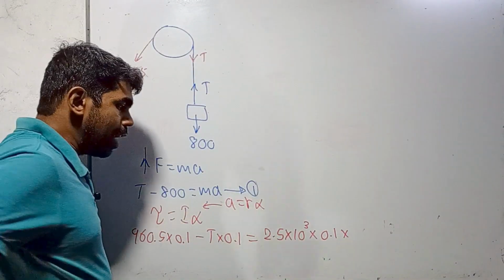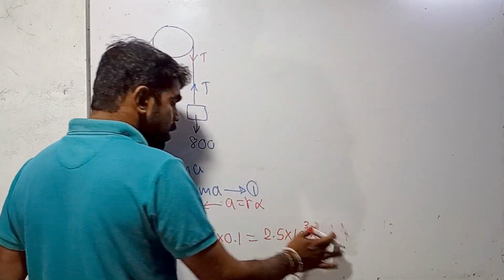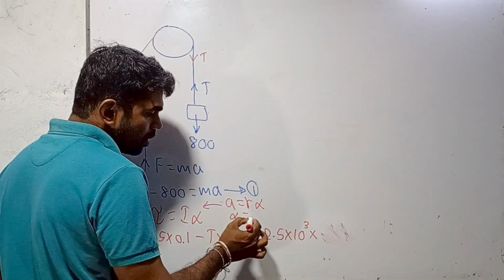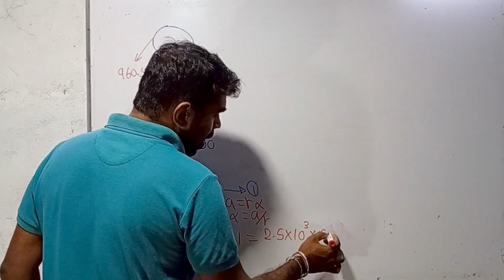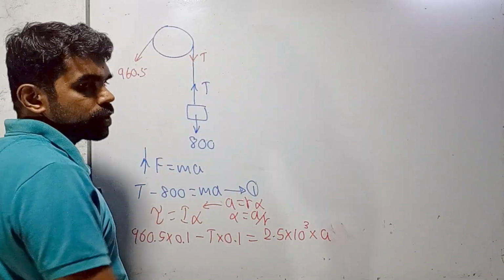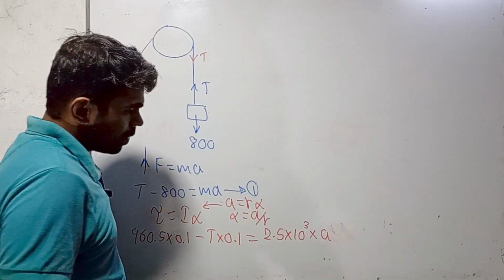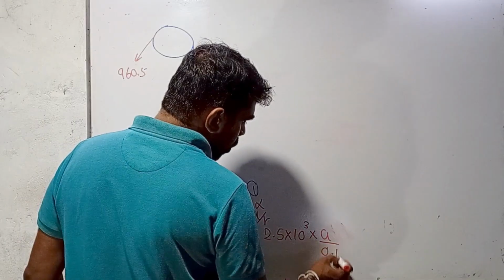We substitute alpha using this relationship. Alpha is a divided by R, the linear acceleration of the rescue basket divided by radius 0.1.